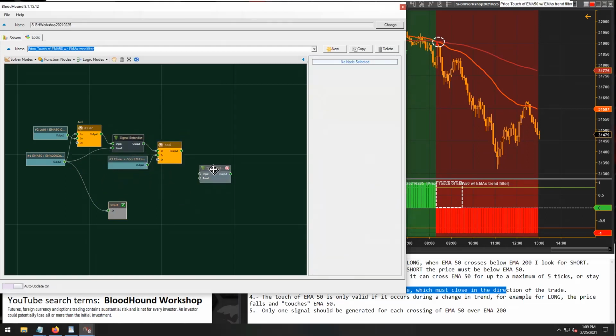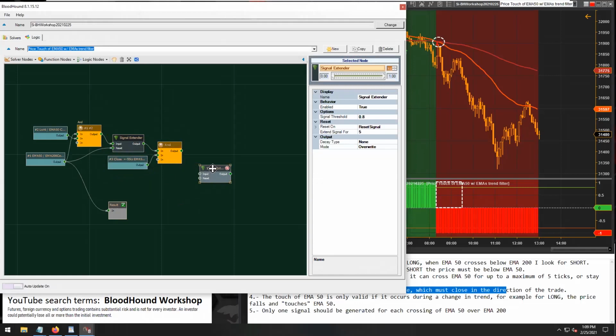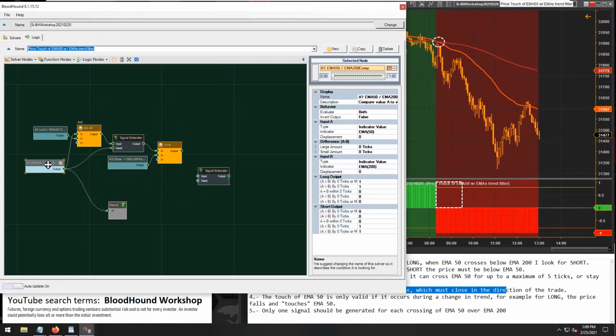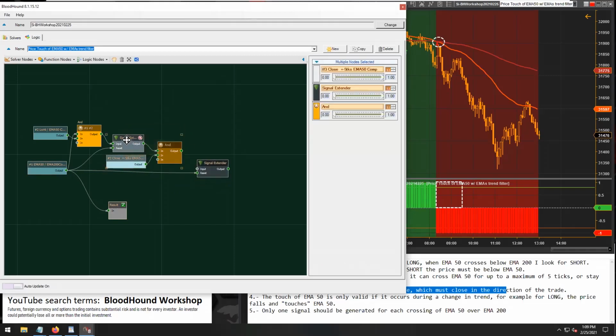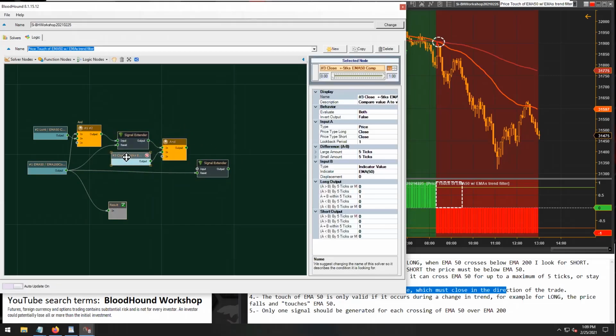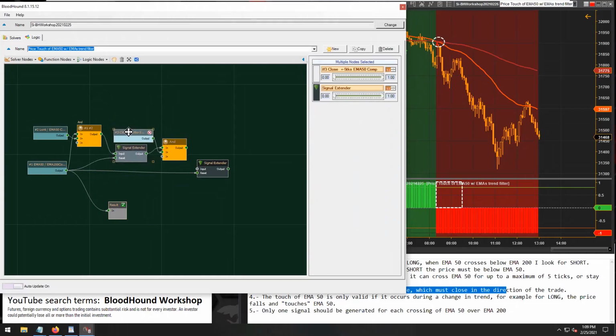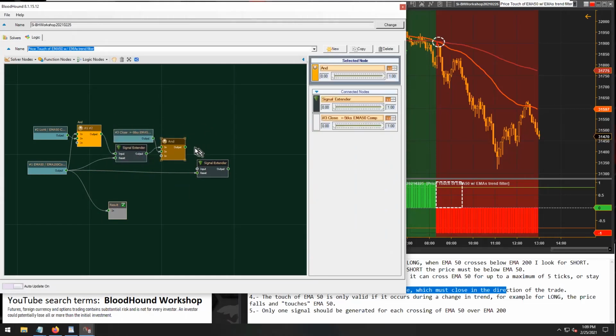Yeah, I think I'm just going to stick with resetting the signal extender. All right, there we go. That looks a little better, a little easier to read.